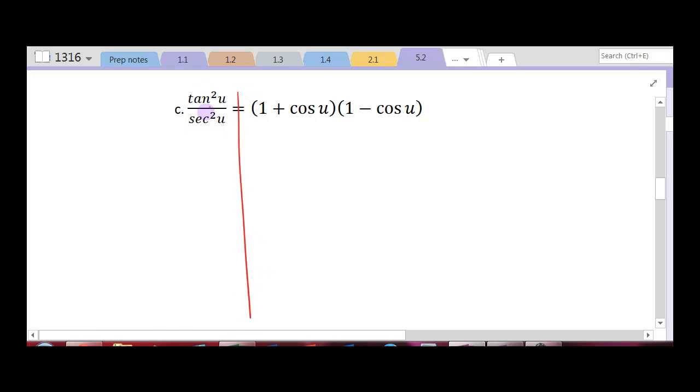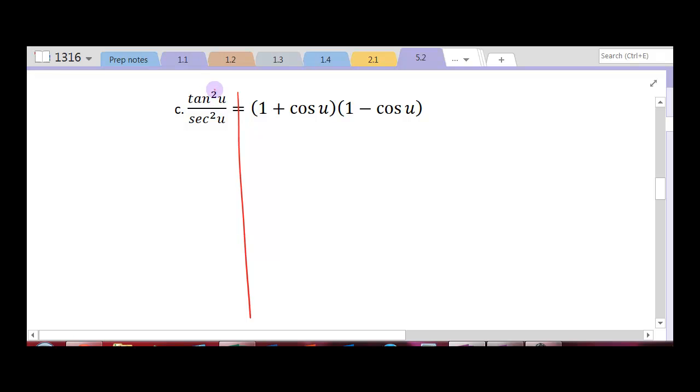So I'm going to see if I can separate tan squared over secant squared into something like this, 1 plus or minus cosine u. Okay, so I have to start thinking tan squared and secant squared. That is a relationship given by the Pythagorean identity.